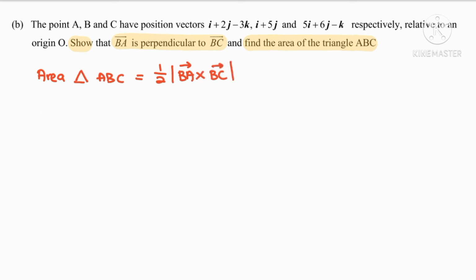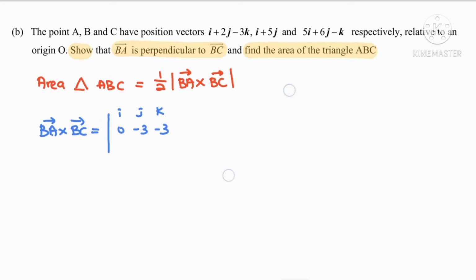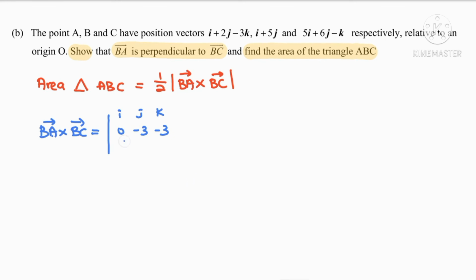So firstly, let us find the cross product between vector BA and vector BC. So put in vector BA, we have 0, negative 3, negative 3, and vector BC is 4, 1, negative 1.